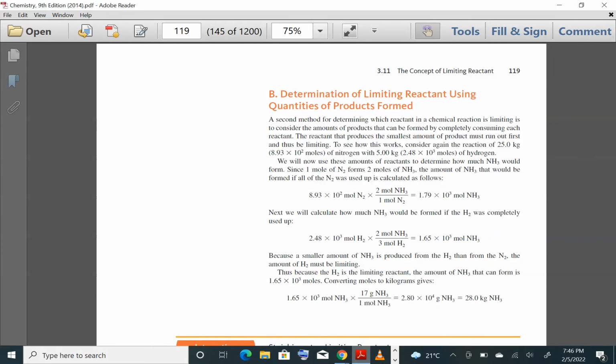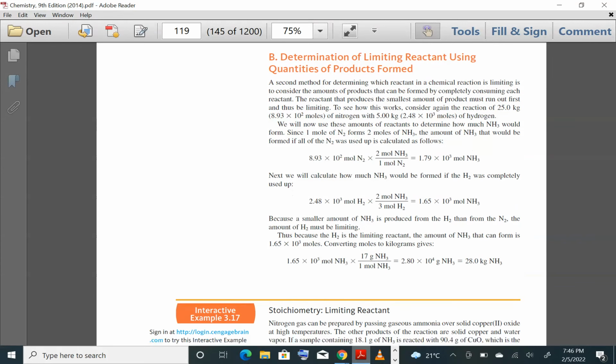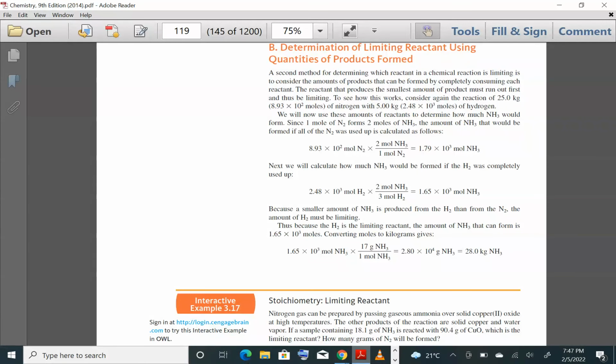To find the mass of ammonia, we simply multiply the moles by the molar mass, which is 17 grams per mole, and we actually get the same answer, 28 kilograms. So you can use both ways, but usually the first method is the one used, and there's a reason why it was put first. It is just something you can be comfortable with.